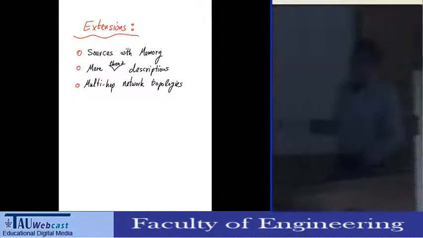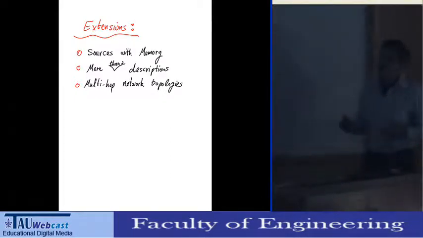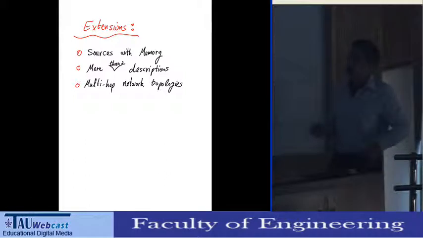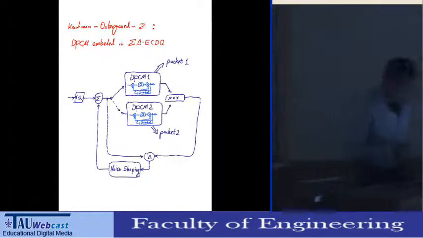One is, what do we do if we have a source with memory? We would like to use this scheme also to encode sources with memory. Another extension is what to do with more than two descriptions, and the other one is what to do with more general network topologies. So let me tell you briefly about each of the problems.